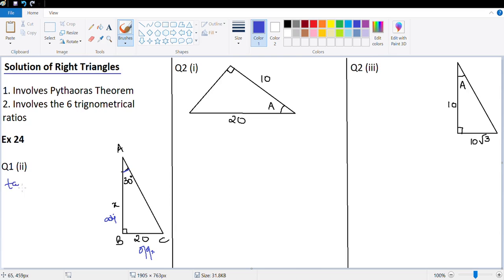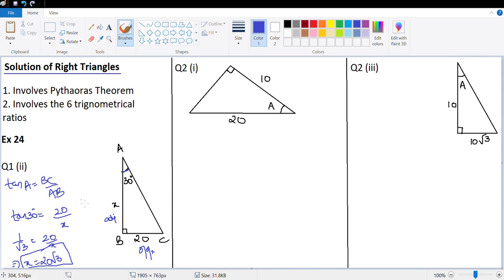So tan A would be equal to BC upon AB. In this case, tan 30 degree would be equal to BC, which is given as 20, and AB, which is given as x. Tan 30 degree is 1 upon root 3. So 1 upon root 3 is equal to 20 by x, which means x is equal to 20 root 3. This is my final answer.